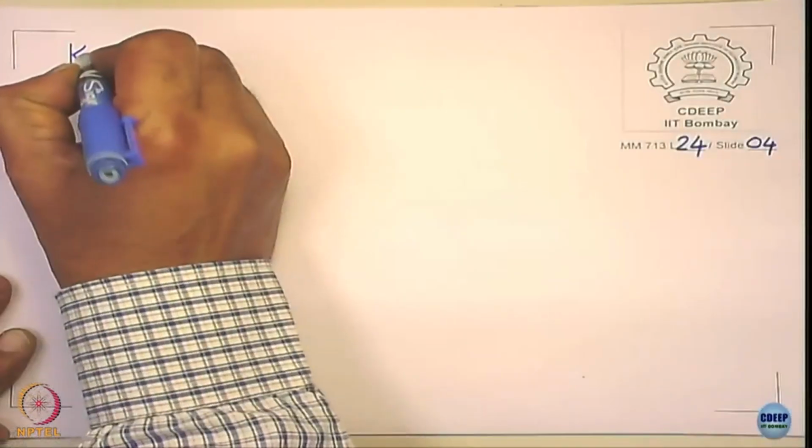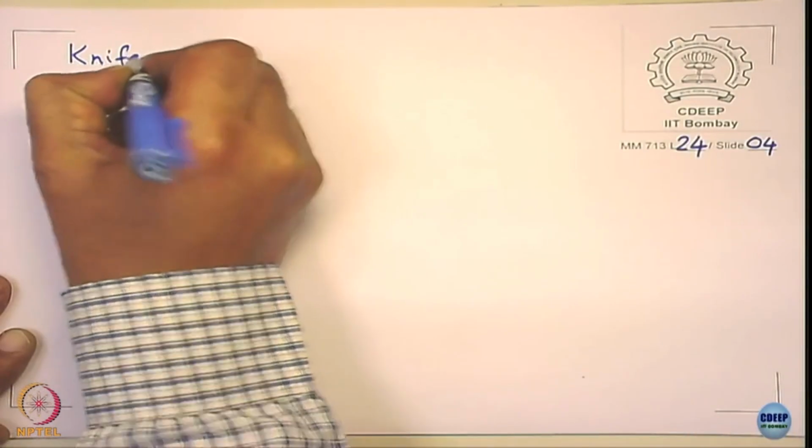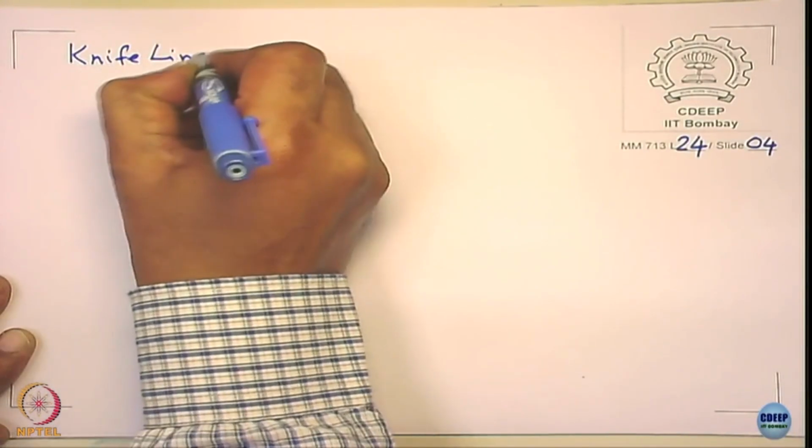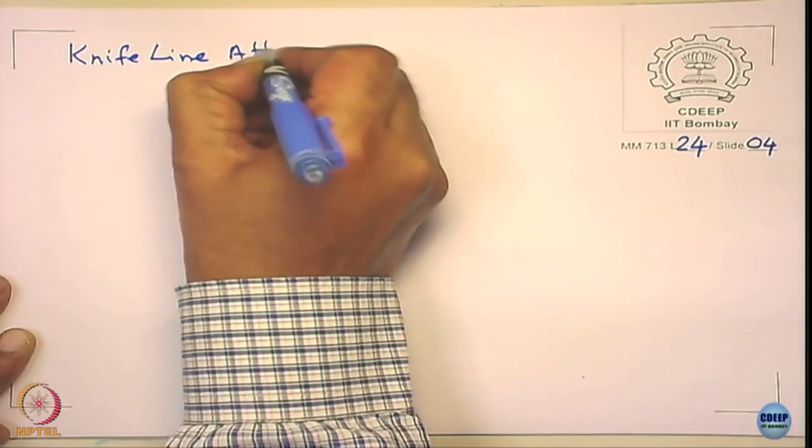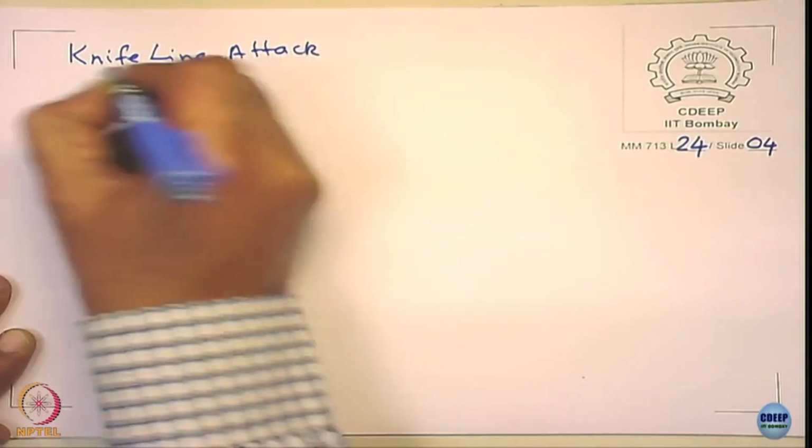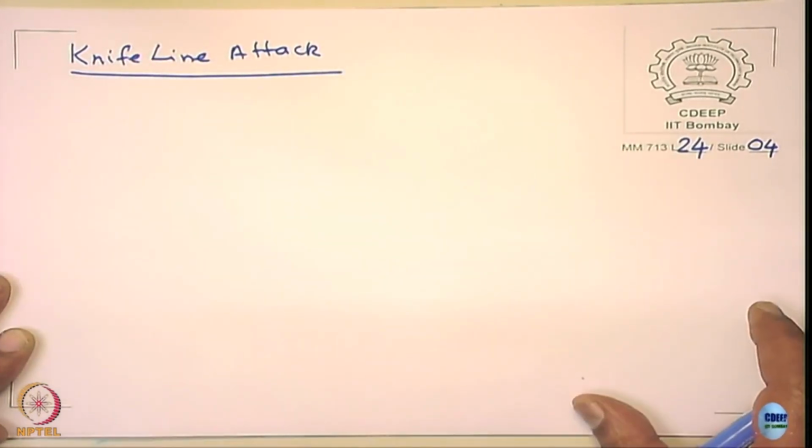There is one more problem that is concerned with stabilized grade stainless steels, and that problem is called knife line attack.